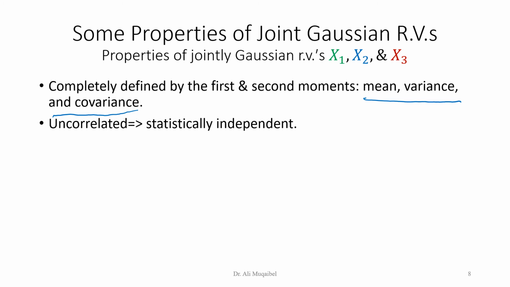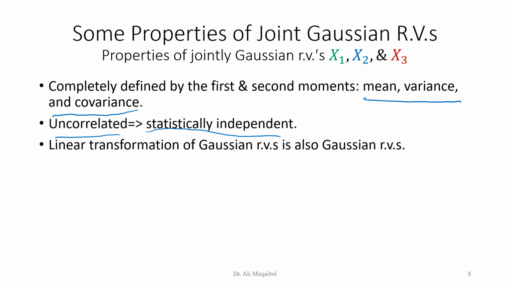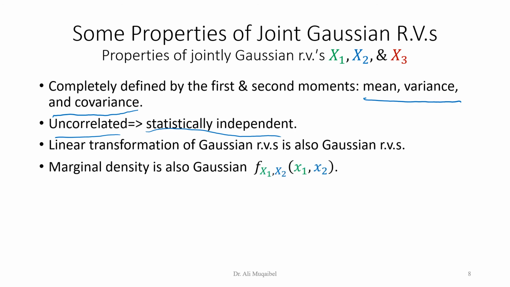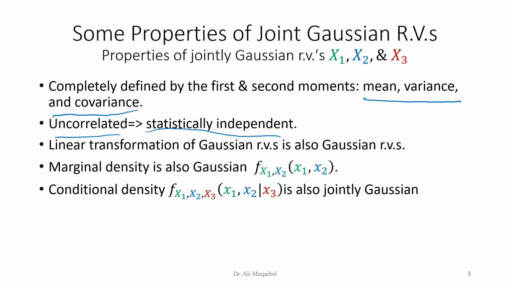If Gaussian variables are uncorrelated, we can guarantee statistical independence. And a linear transformation of Gaussian random variables is also a Gaussian random variable. If you multiply, add, you just get another Gaussian random variable. So all you need to know is the mean, variance, and covariances. The marginal density of a joint Gaussian is also, of course, Gaussian.